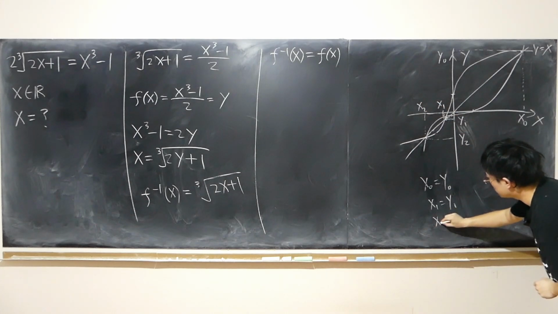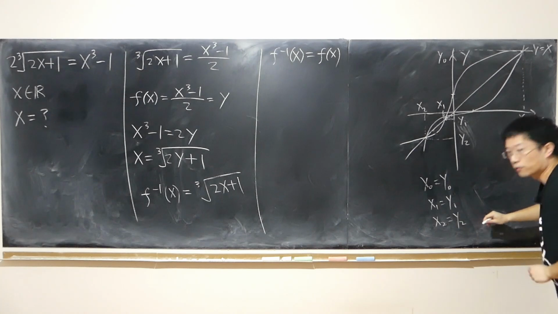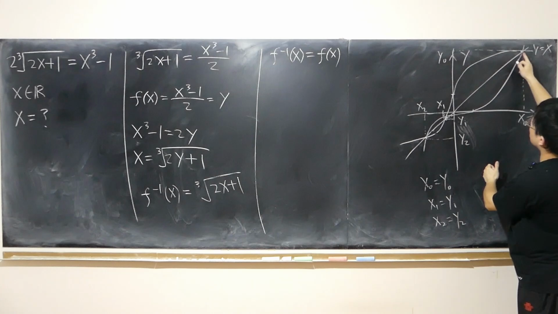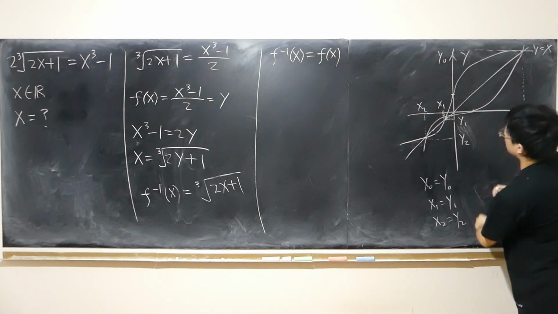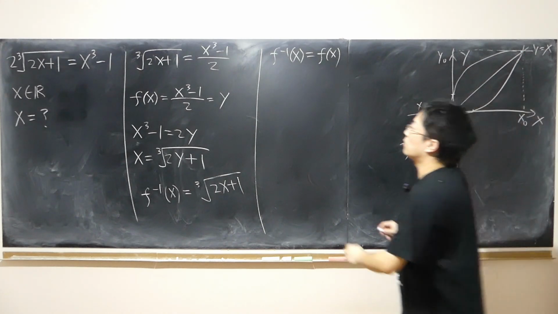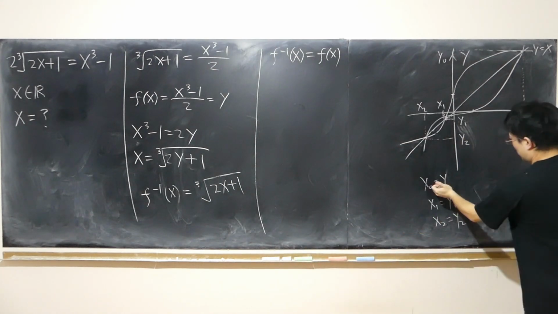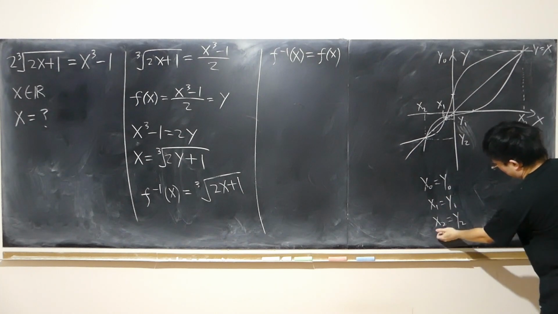So x2 equals y2, both negative. So I believe there are exactly 3 solutions: up here, down here, and down here. So in fact x naught equals y naught, x1 equals y1, x2 equals y2.